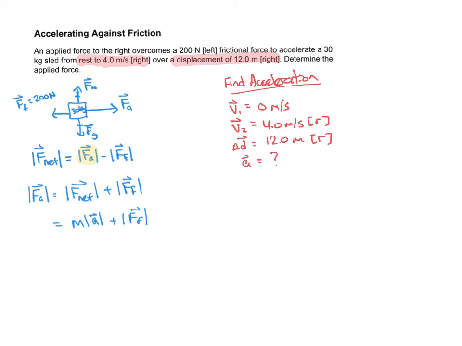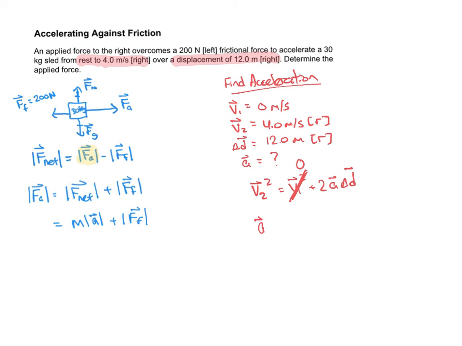So I will go back to checking out the big 5 formulas for kinematics, and it's going to be the last one. That's the equation that involves them all. So I'm going to cross out this term that's 0 and isolate for acceleration.